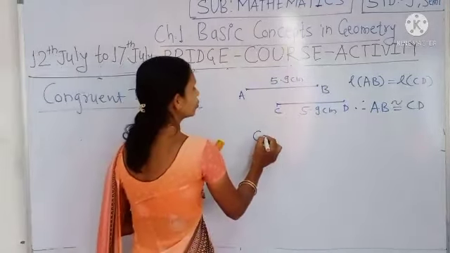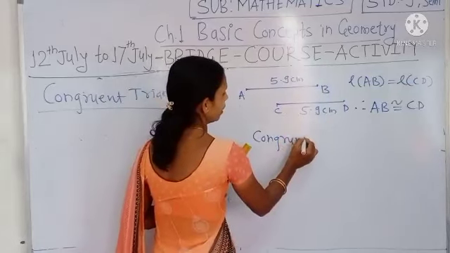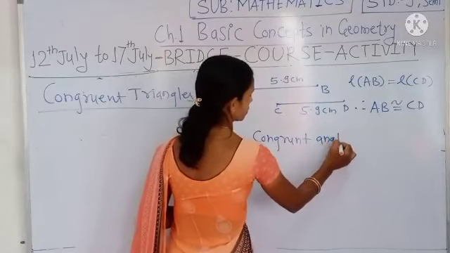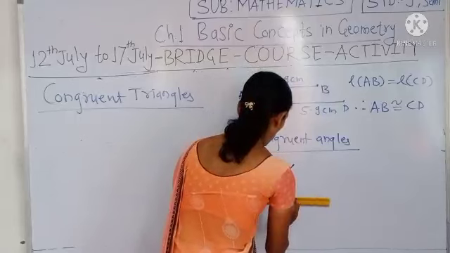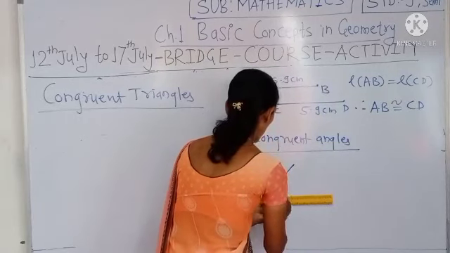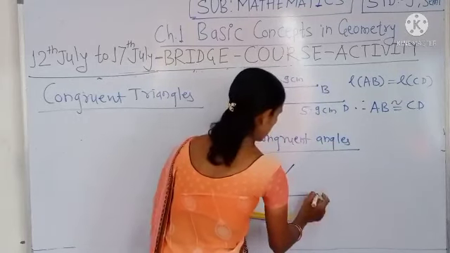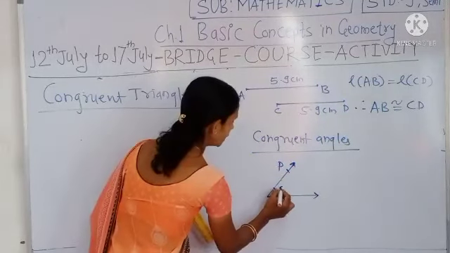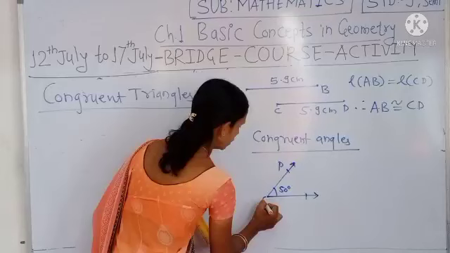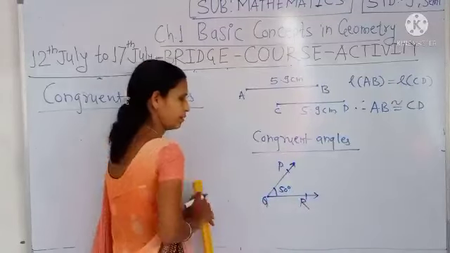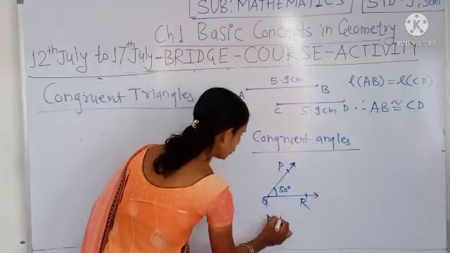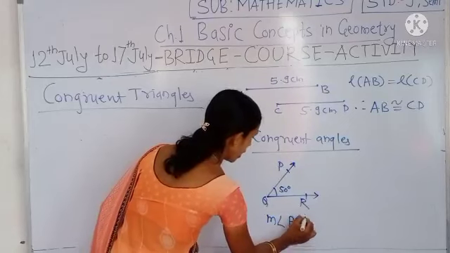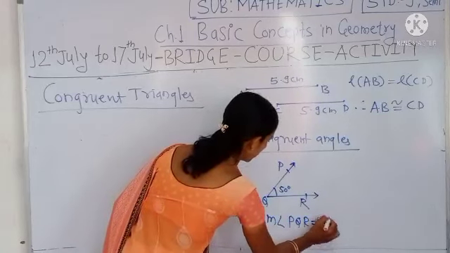Similarly, congruent angles. Angle PQR is of 50-degree measurement. That means the measure of angle PQR is 50-degree.